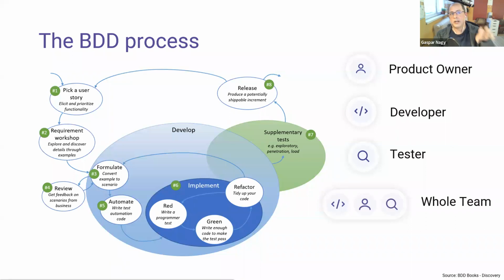Whenever I'm talking about a particular step in the process, I will always have these icons in one of the corners. So you will see that this particular activity is done maybe by the product owner, by a developer, a tester, maybe a whole team in pairing, so you can always imagine who should be or can be doing that particular activity.